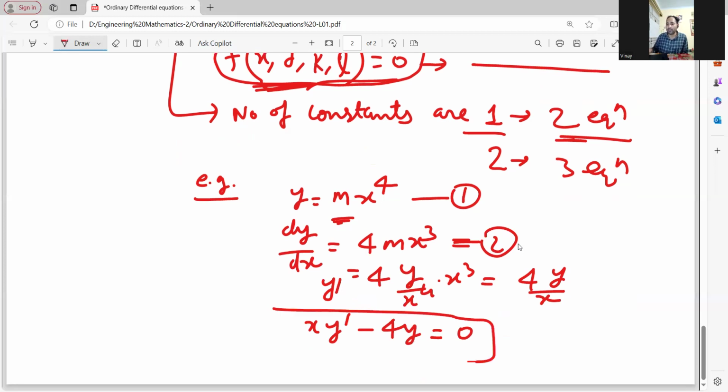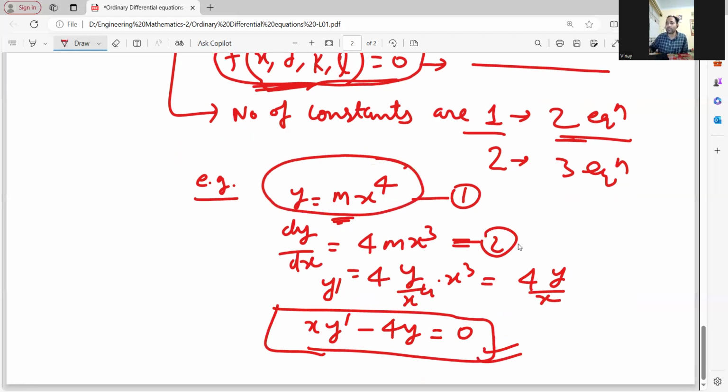By the way, tell me one thing. You found this differential equation with the help of the original equation, right? So this original equation will always satisfy your differential equation. So note that. Now, tell me the order of this differential equation.